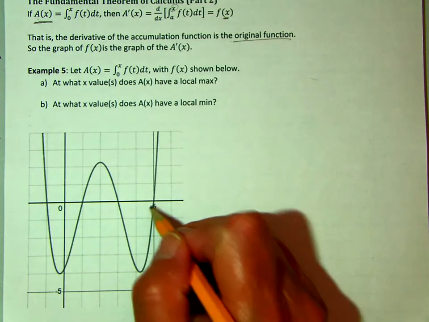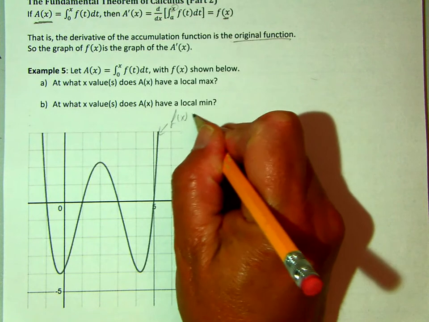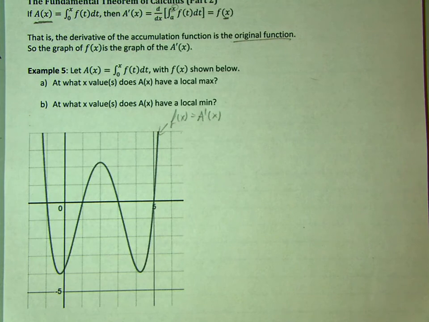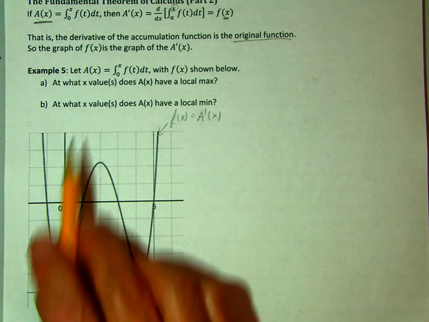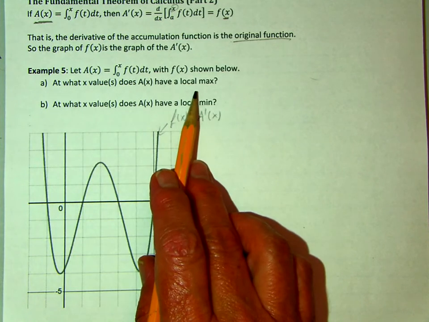So this is what we're looking at. So we're looking at the graph of a derivative, and we want to find out information about the initial function, the accumulation function. So where does it have a local max?